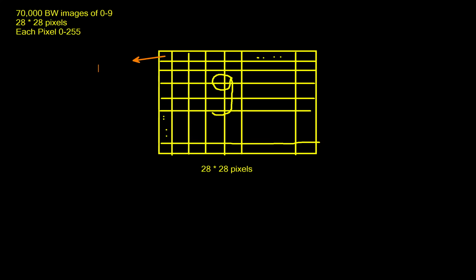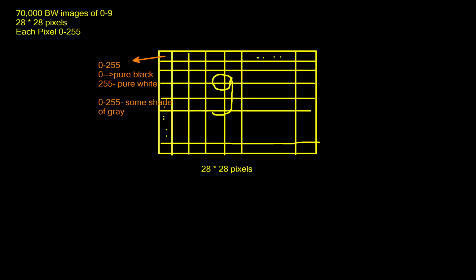Each contains a number from 0 to 255. 0 represents pure black, 255 represents pure white, and any number between 0 and 255 represents some shade of gray.